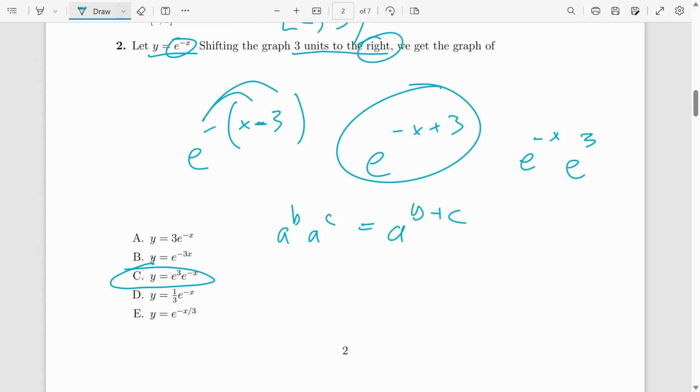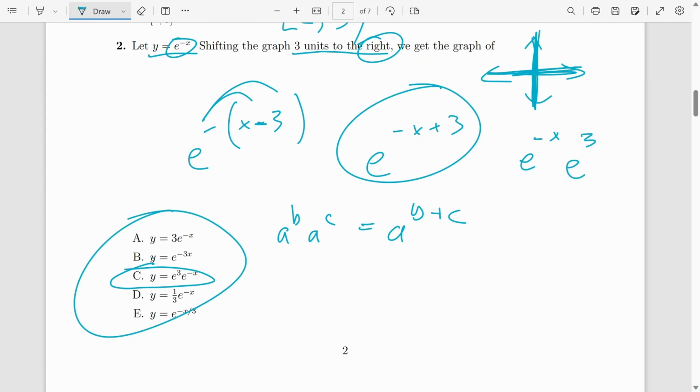So just remember basically the horizontal rule. When you're doing horizontal, you flip the sign and it's affected on the x instead of on the outside. And then those last 2 points are opposite for when you're doing a vertical action. And then sometimes it'll have you simplify the answer.